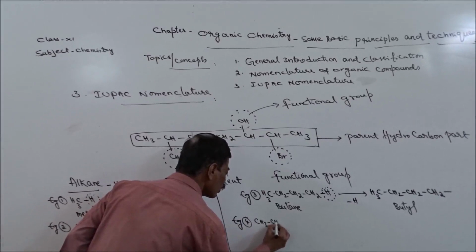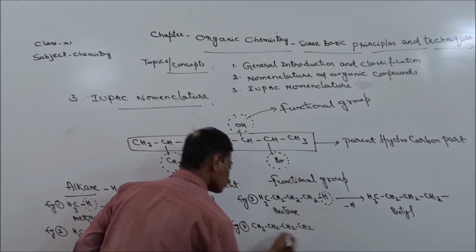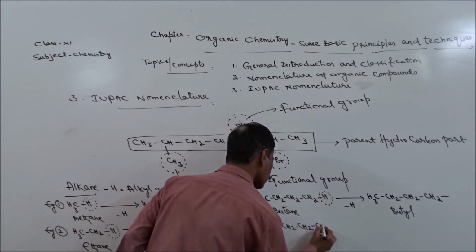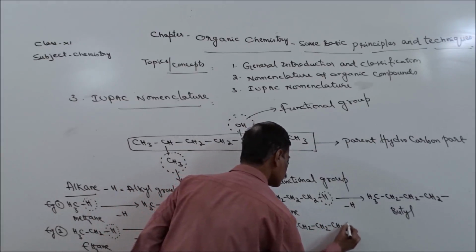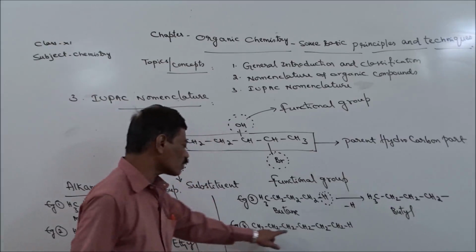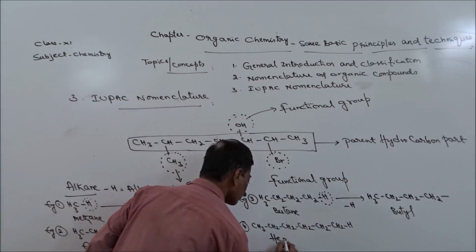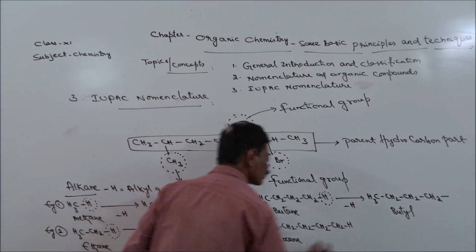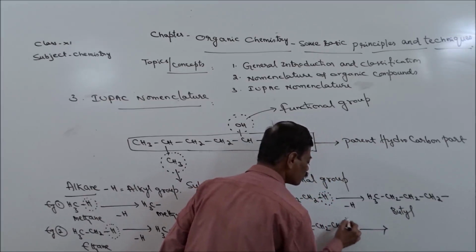Last example, CH3 CH2 CH2 CH2 CH2 CH2H. Altogether in this compound we have 6 carbon atoms, so it is hexane. From this hexane, we can remove this hydrogen.